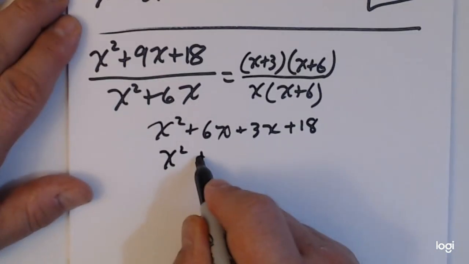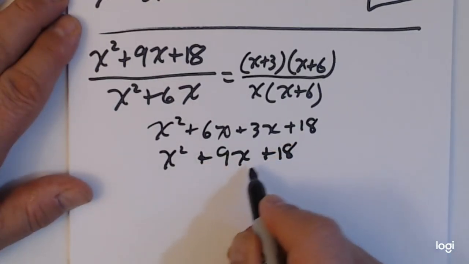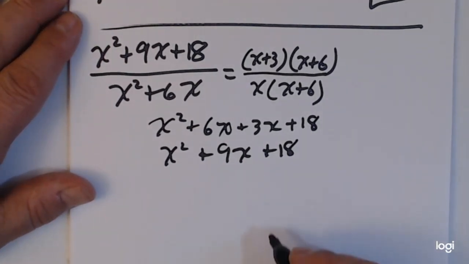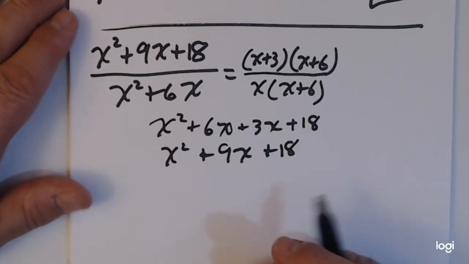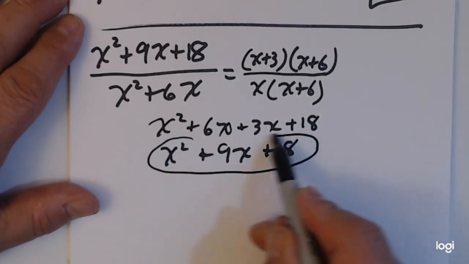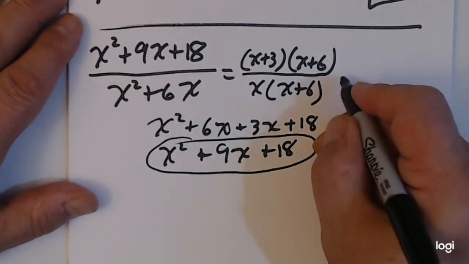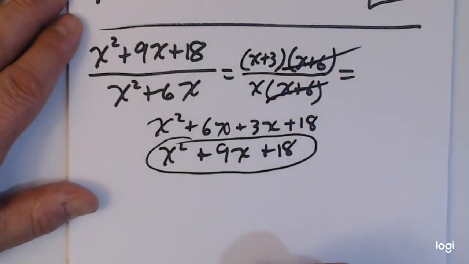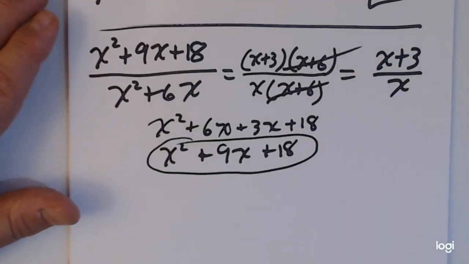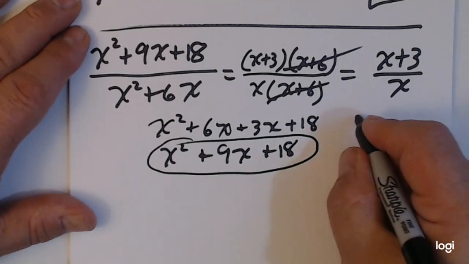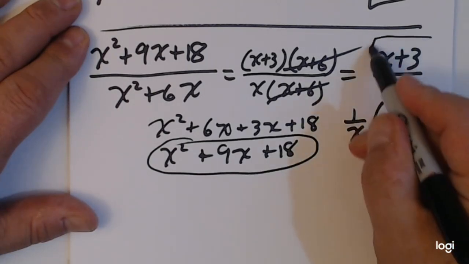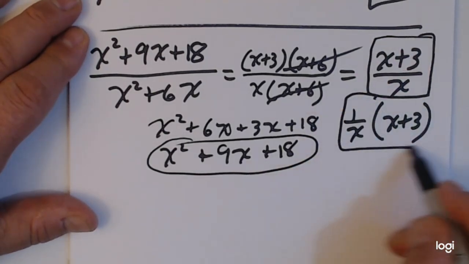It gives us x squared plus 9x plus 18 when we group like terms together. So that gives us back what we were looking for. The x plus 6's cancel. And that leaves us with x plus 3 over x. We could actually rewrite that as 1 over x times x plus 3. So either way would work just fine.